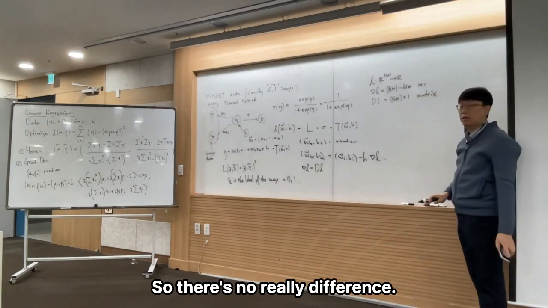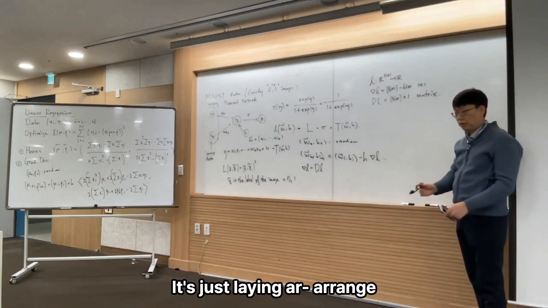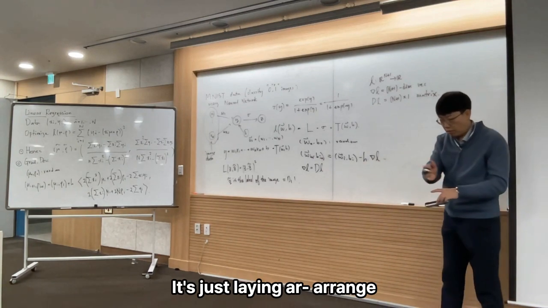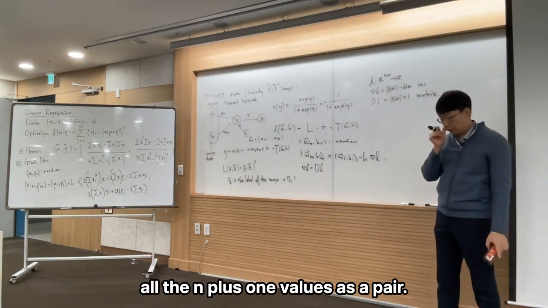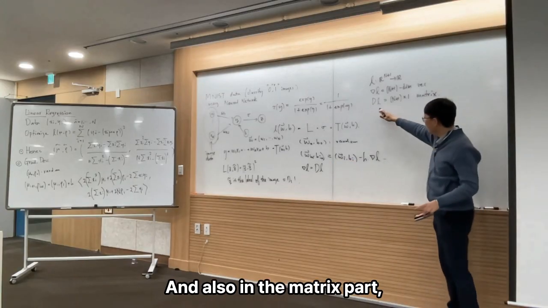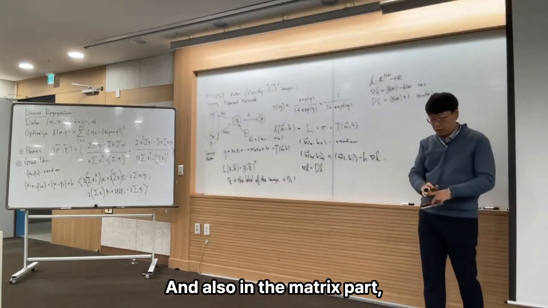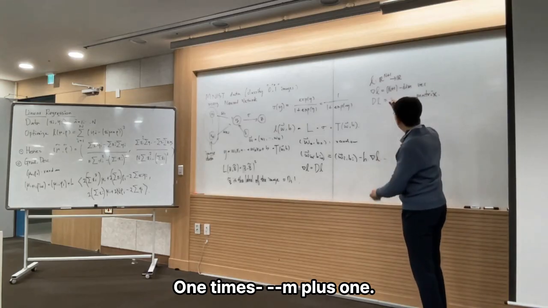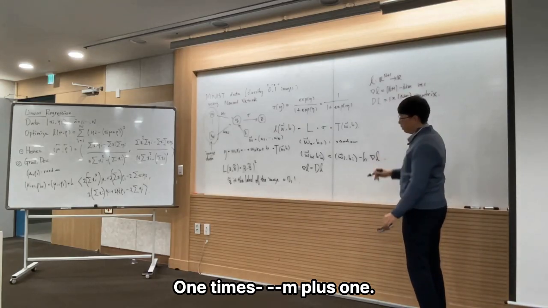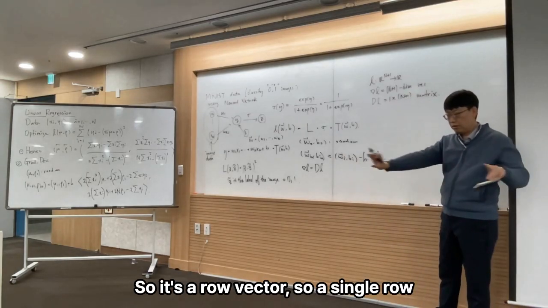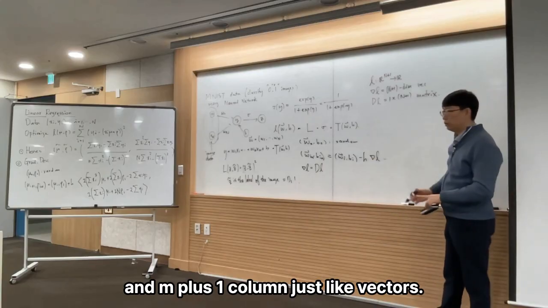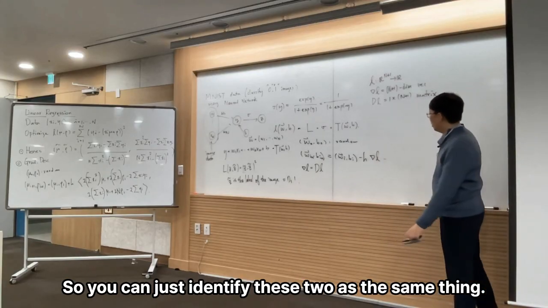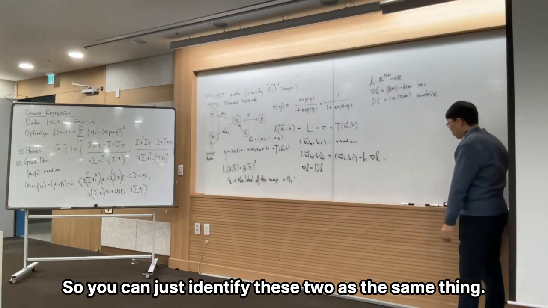So there's no real difference. How do you express a vector? You just arrange all the n plus 1 values as a column. In the matrix case, sorry, it's the opposite: 1 times n plus 1, so it's a row vector, a single row with n plus 1 columns, just like vectors. So you can identify these two as the same thing.